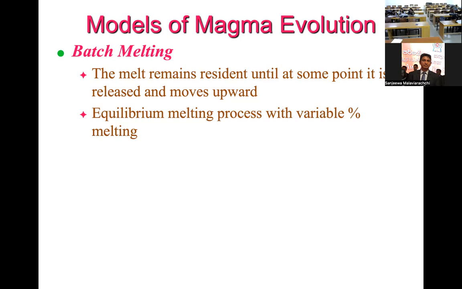Once this melt is produced, it crystallizes and makes a rock, an experimental rock, and then you can find its composition using an electron probe, EPMA or SEM, or whatever the method. Once you know that composition, the partition coefficients can be calculated.